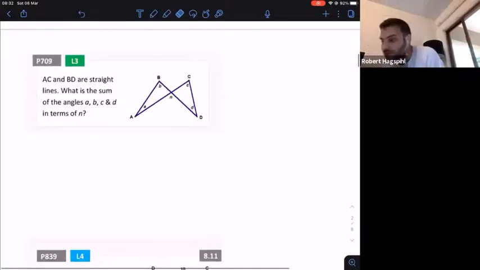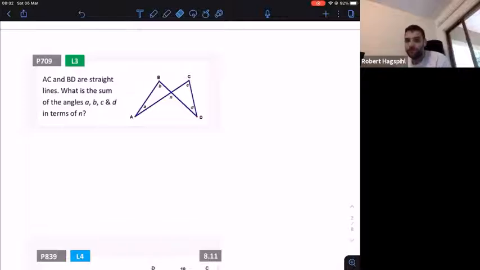Very similar question here. Give it a bash. Inspection, Romeo. Cool. That's fine. So inspection is fine for Olympiad because you don't need to show reasoning.